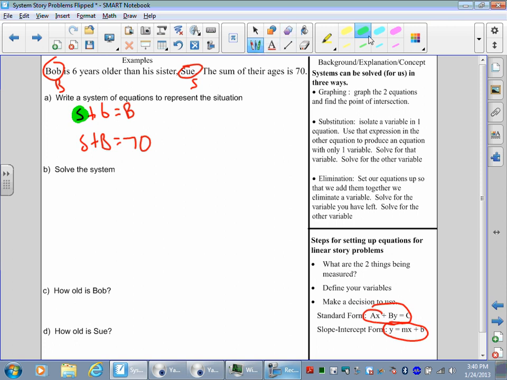We could transform this equation so that S is the same thing as B minus 6. And in that case, we've got an S alone, and we can take that and put it in the second equation. So I want you to try and solve this system and tell me how old Bob and Sue are.